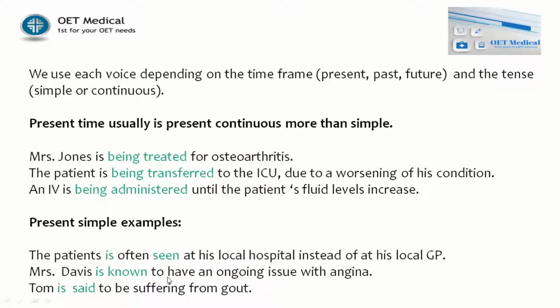If you turn this into an active sentence, we would say, we know that Mrs. Davis has an ongoing angina. So to make it passive, Mrs. Davis is known to have. Tom is said to be suffering from gout. So is said to be, who said it? Is said to be by someone, but we don't know who said it. So again, verb to be, past participle.